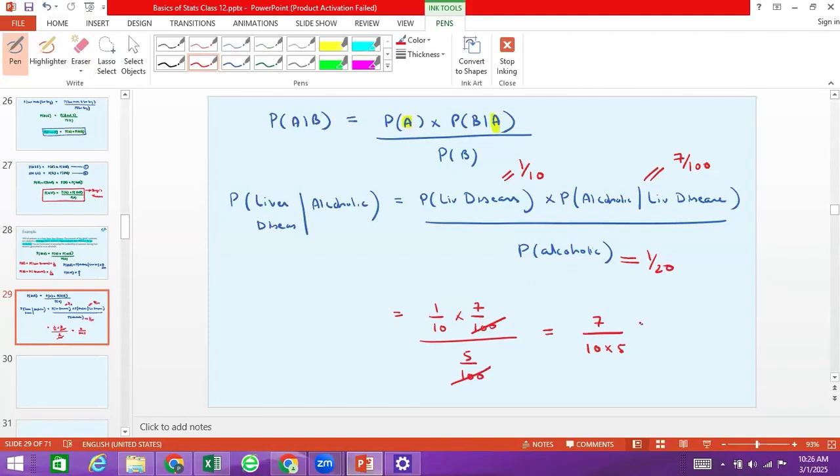Yeah, it is 7 by 50, which is the same as 14 by 100, which is the same as 14%. Direct. Okay, the same as 14%.